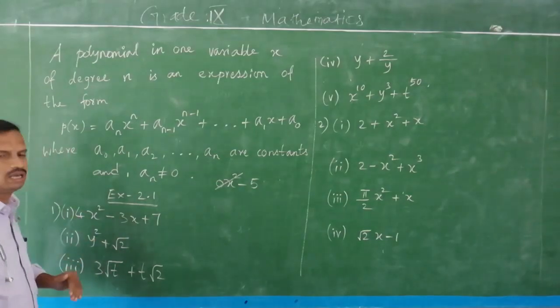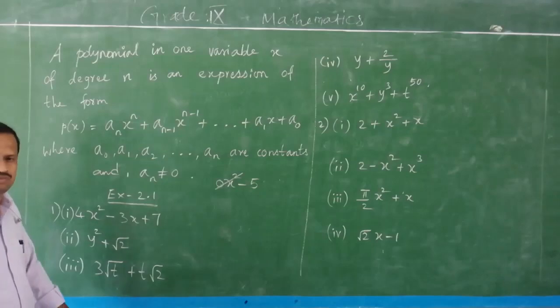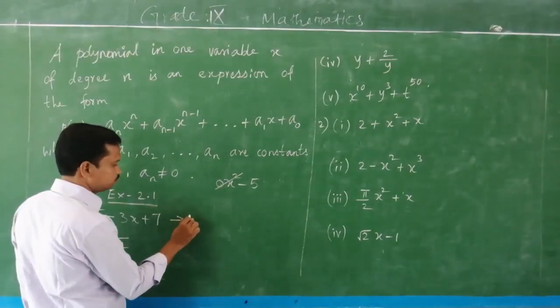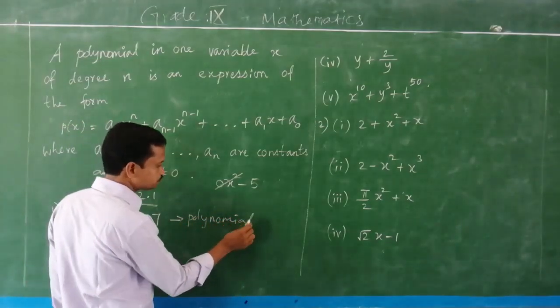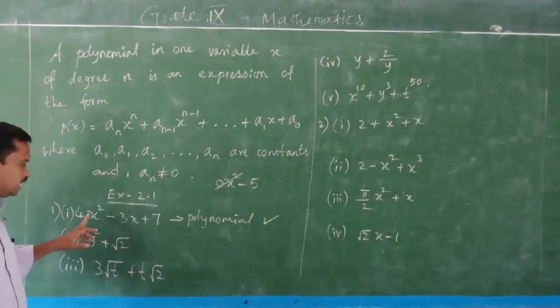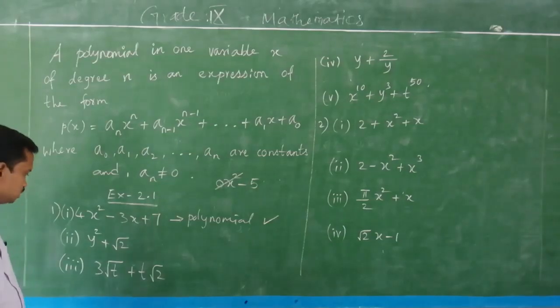So here all the exponents of the variable are whole numbers only. If it is so, then you can say it is a polynomial. It is a polynomial. The reason is the exponents of the variable are whole numbers.